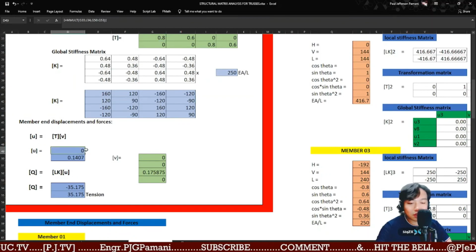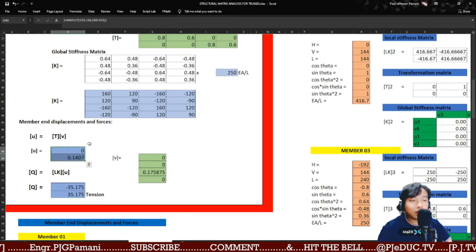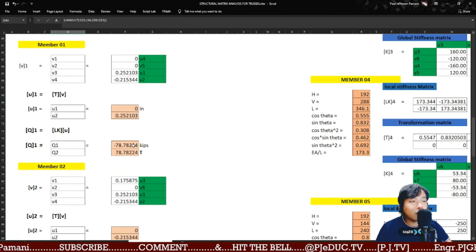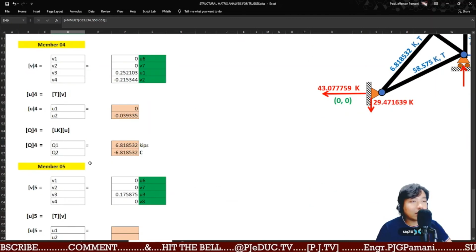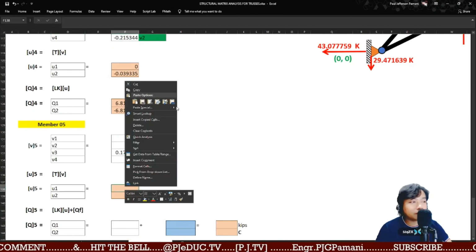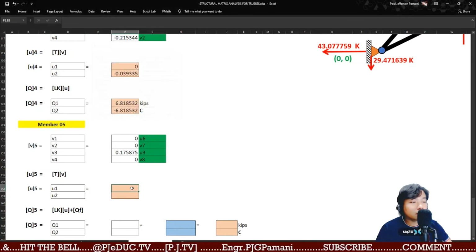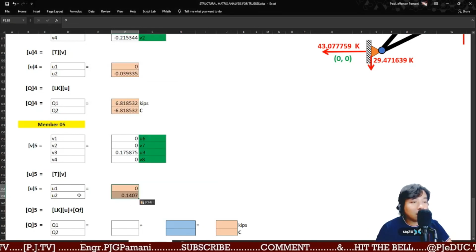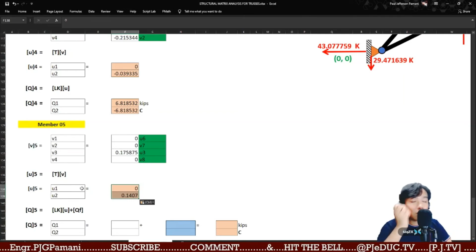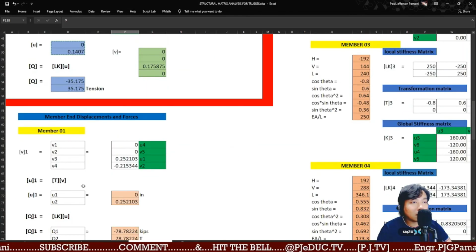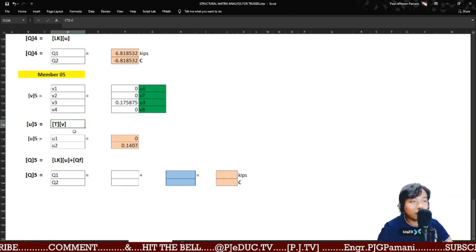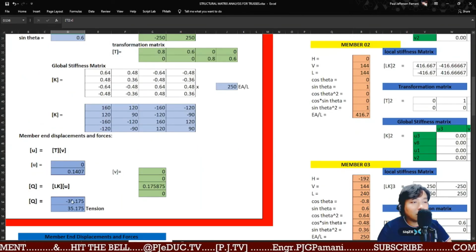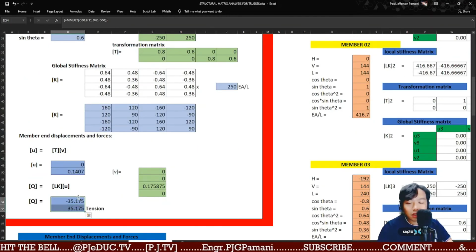It gives us the u value, or the end displacement of member 5 under its local coordinate system. Then multiply u with the local stiffness matrix of member 5. Okay? Here. Let's just copy.